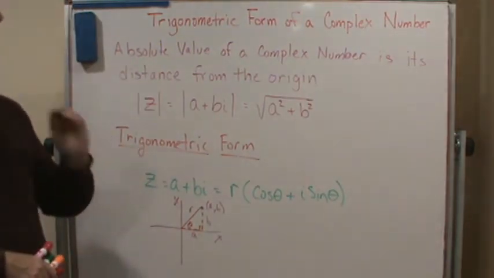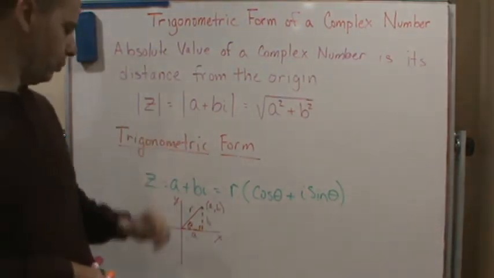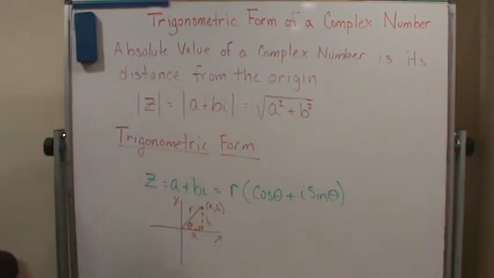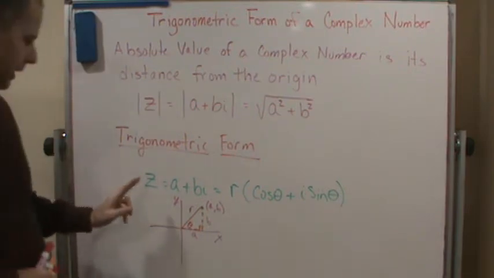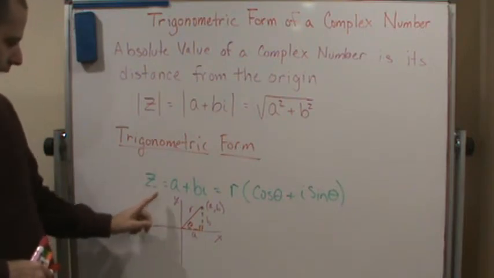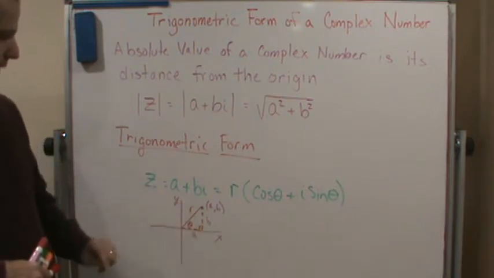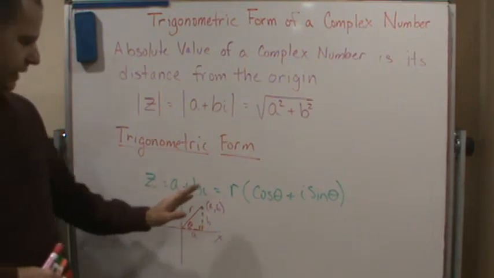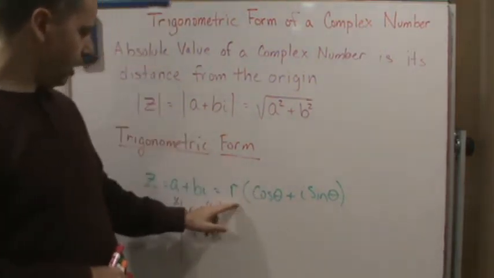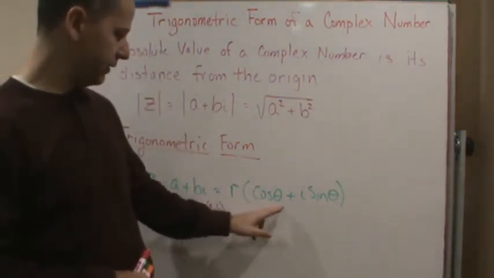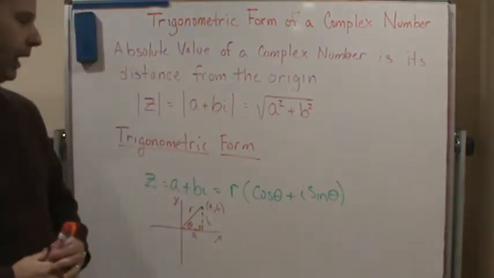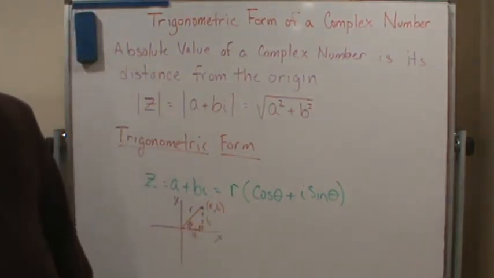Okay, now, with that in mind, now that we know how that's defined, what is the trigonometric form? Well, the trigonometric form of a complex number, so for example, z equals a plus bi, the trigonometric form of z is given by this: r times the quantity cosine theta plus i sine theta. And the way this is derived is really straightforward.